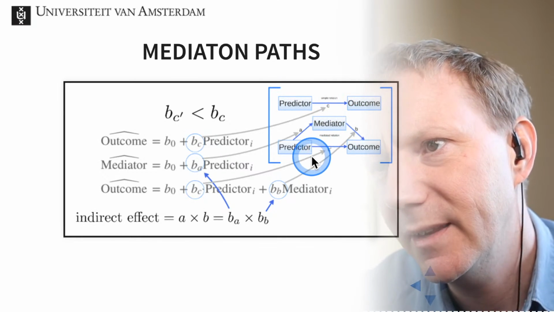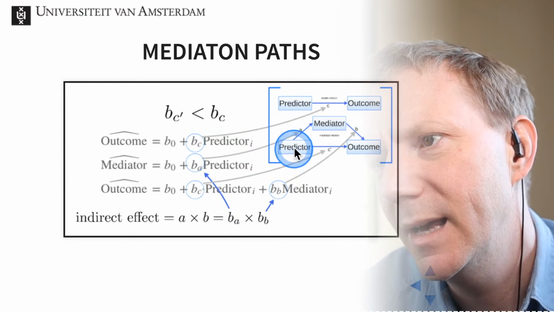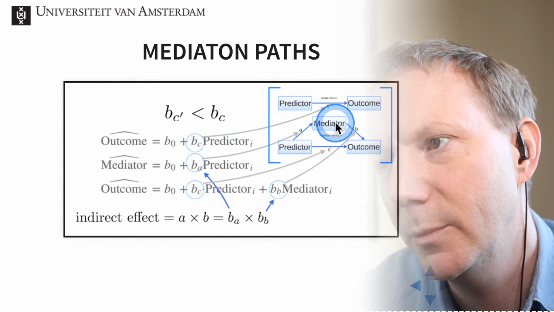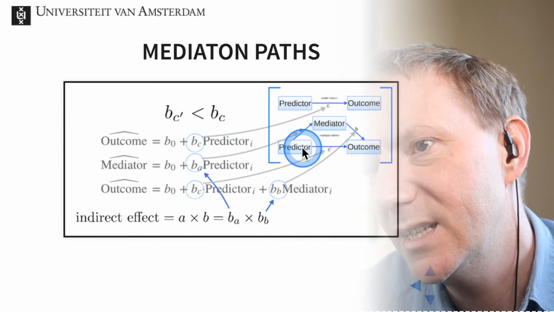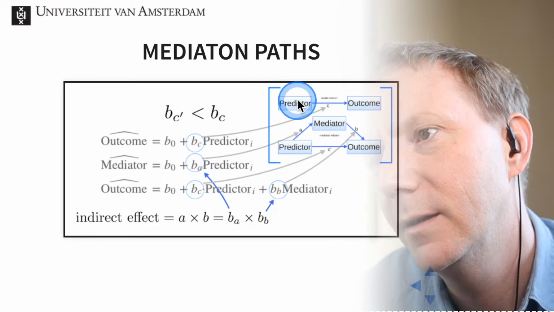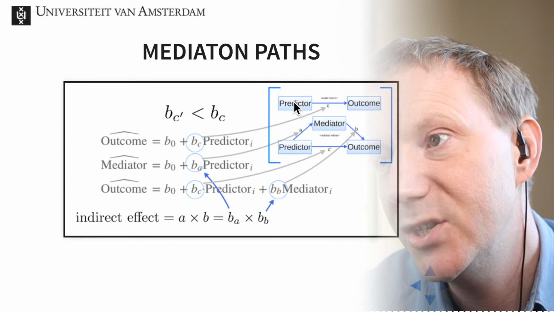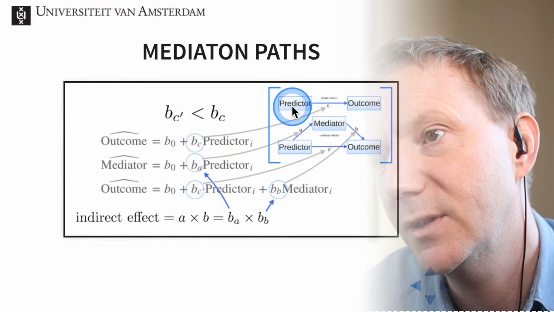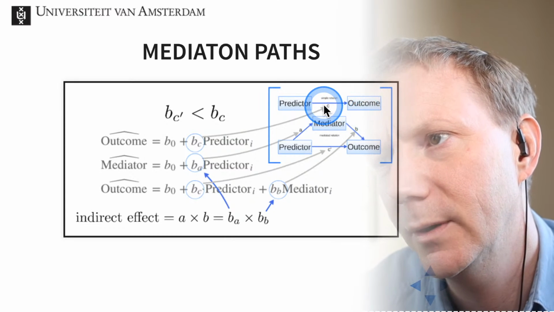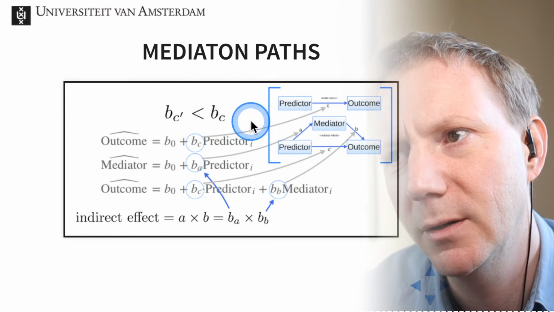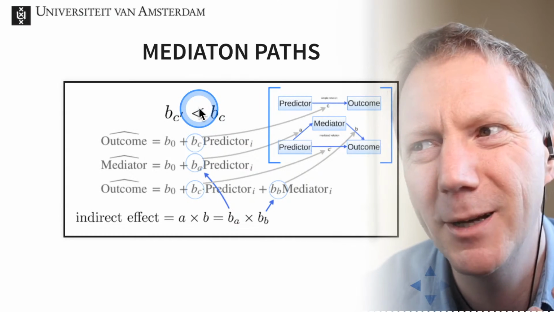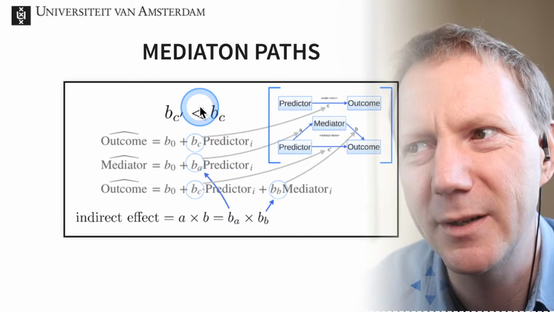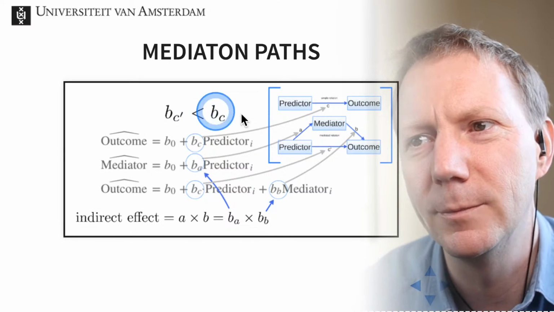Because if we look at the predictor corrected for the mediator, and that relation is lower than when we look at the relation between the predictor directly and the outcome, then something is going on. The mediator has some explained variance in this entire model.